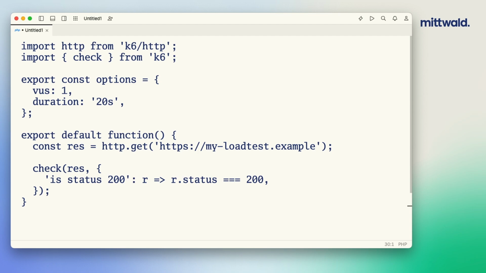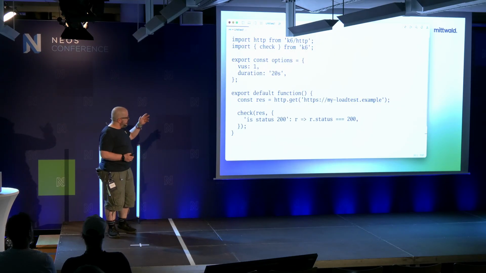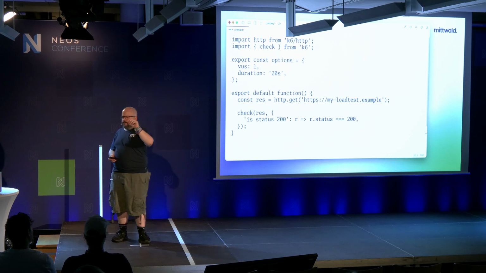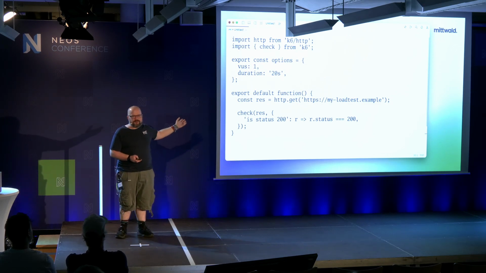You have that options array in which you configure how many virtual users you want to hit your site. And then you have that default export in which you can programmatically describe how your virtual user should behave. You can do HTTP requests. You can also implement complex click paths. I don't think I have to explain how JavaScript programming works.